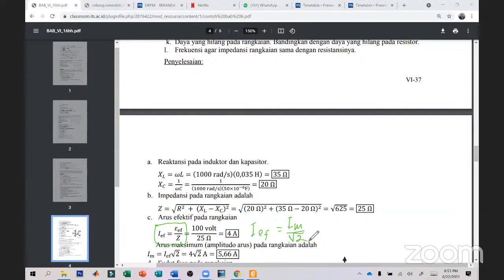And we can apply this one. And the relation between maximum current and the maximum voltage is also Vm over the impedance.